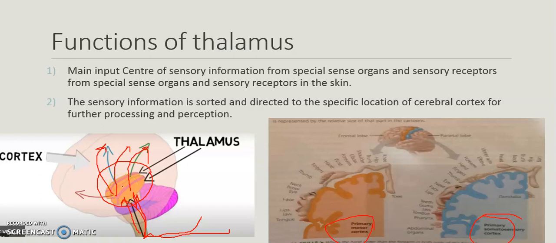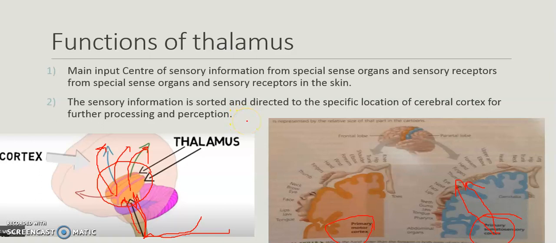If it is from the eye, it will be taken to the place where the eye is represented. If it is from the thumb, it will be directed to the place where the thumb is represented. So the sensory information is sorted and directed to the specific location of the cerebral cortex for further processing and perception.